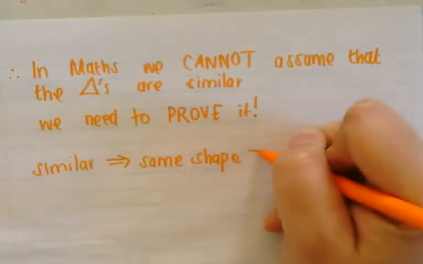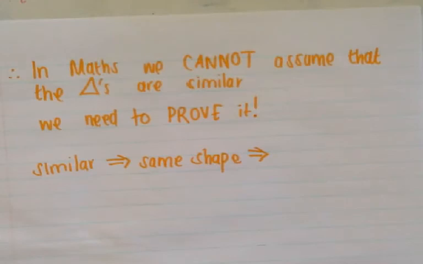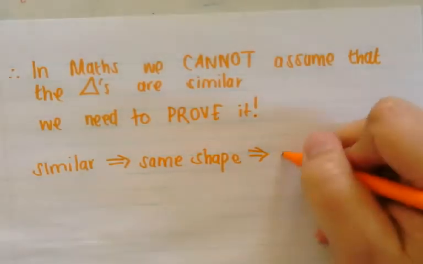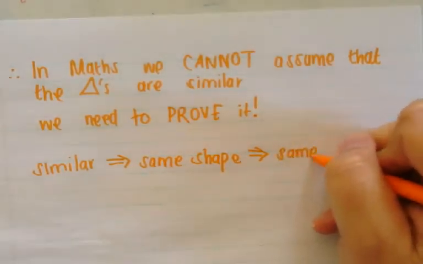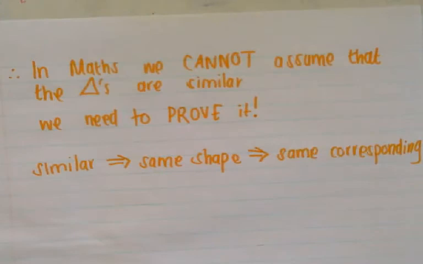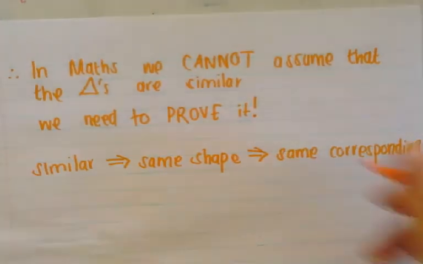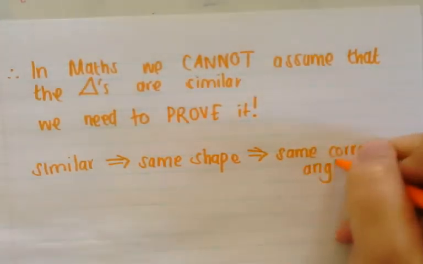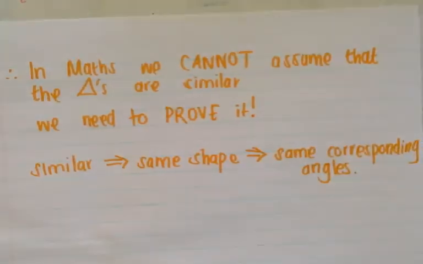Same shape means same angles. And again, I'm using this word corresponding because I'm matching triangle angles from different triangles. Same corresponding angles.